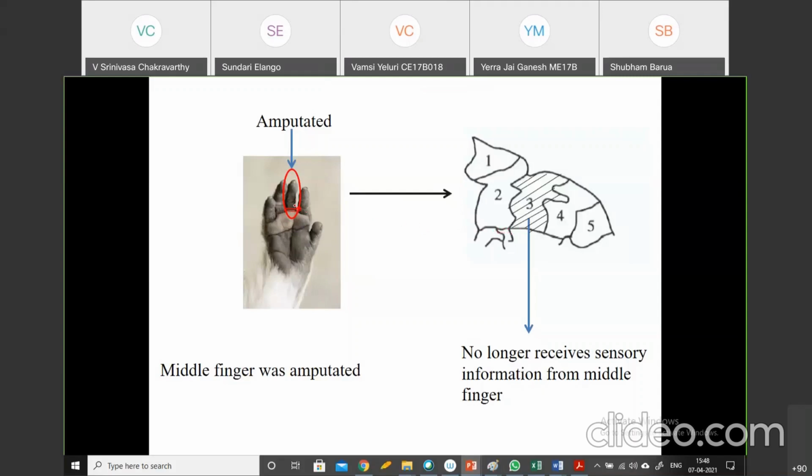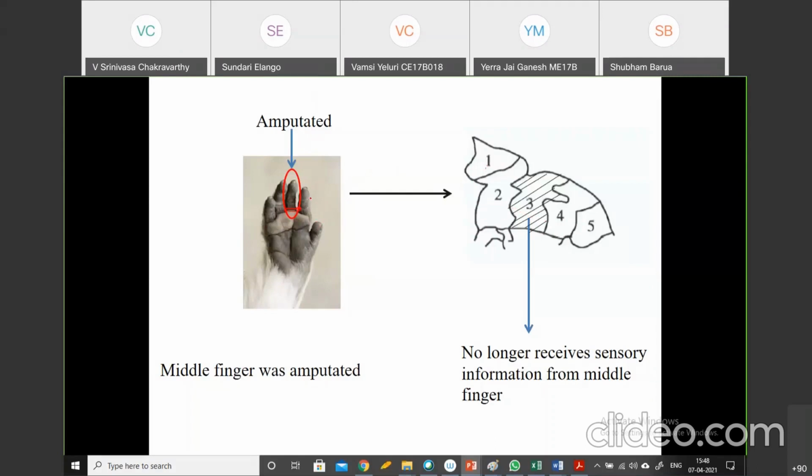Now, the moment you amputate the finger, and then you give stimuli to the fingers and look at the responses in the somatosensory cortex, these were the areas that earlier responded to the 5 fingers. Right after the amputation, before sealing the brain, when they looked at the responses, the thumb still continued to produce responses in area 1.